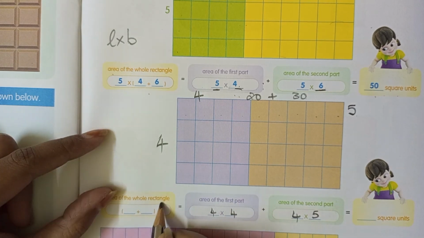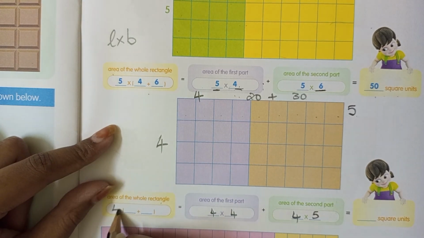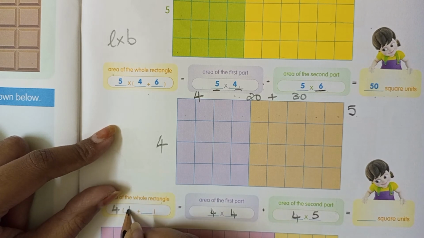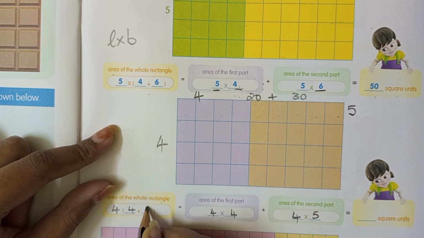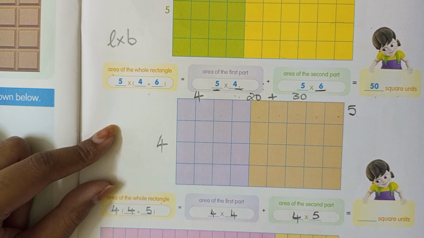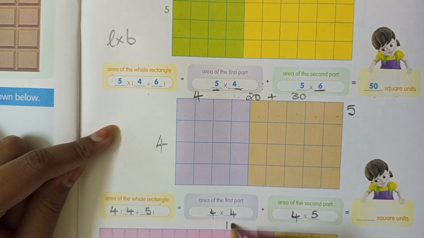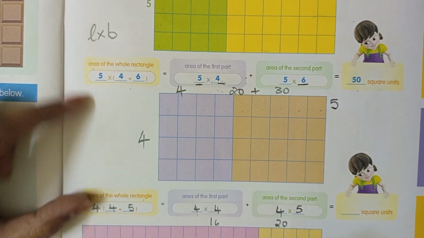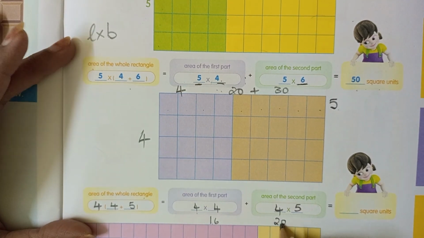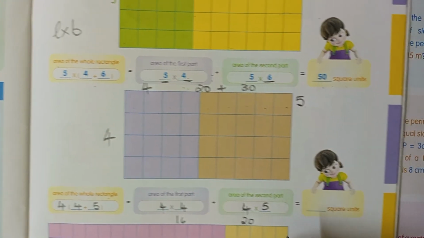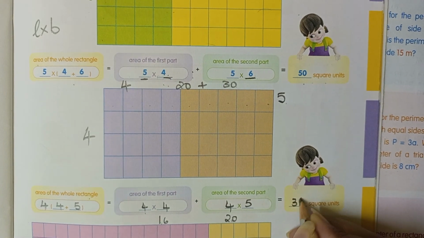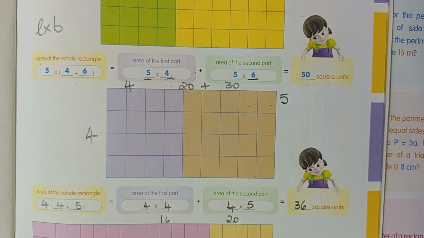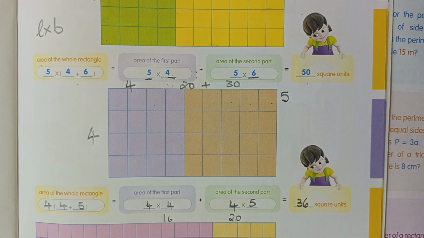Area of the whole rectangle: 4 into 4 plus 4 into 5. 4 fours are 16. 4 fives are 20. 16 plus 20 is 36. 36 square units.